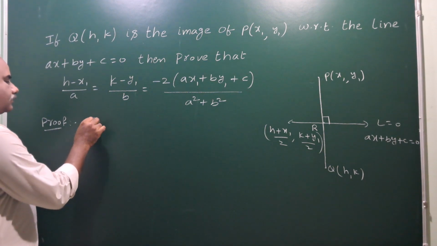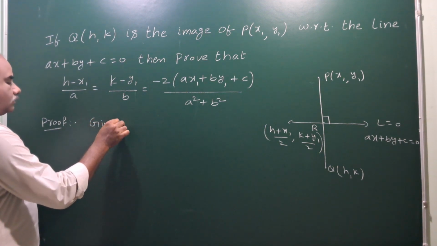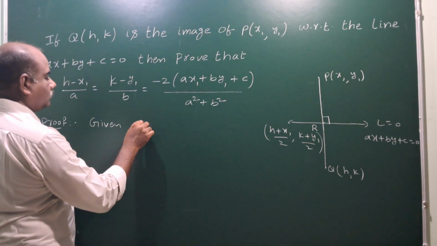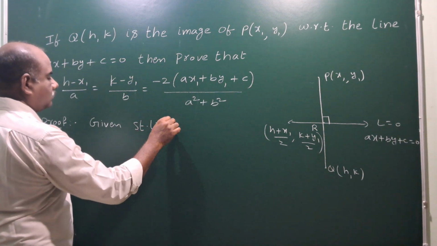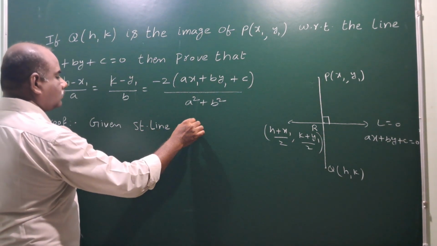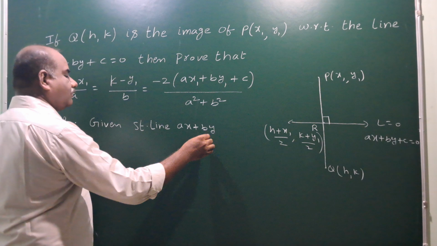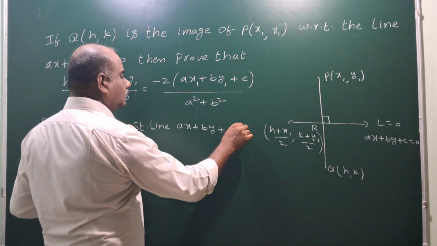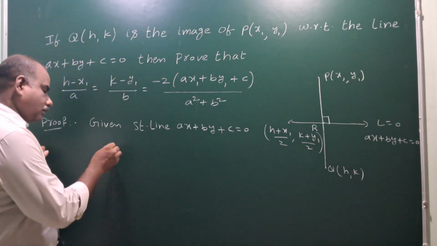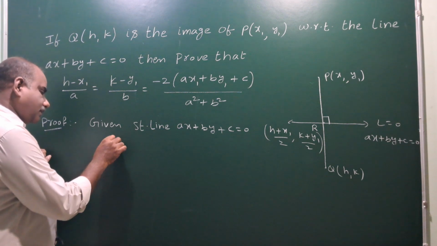So given straight line ax + by + c = 0. Next, write the slope of this line.